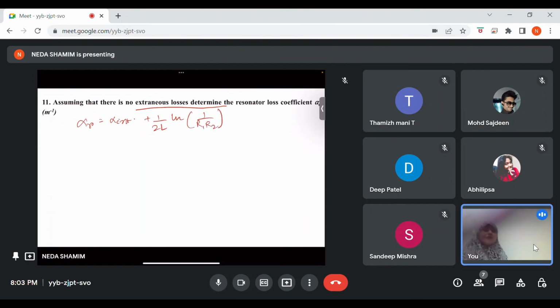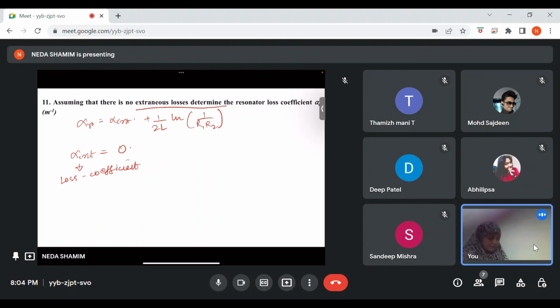We are given R1, we are given R2, and we have been told that we have to assume that there is no extraneous loss. Okay, that means this alpha int, which is the loss coefficient, is equal to 0.